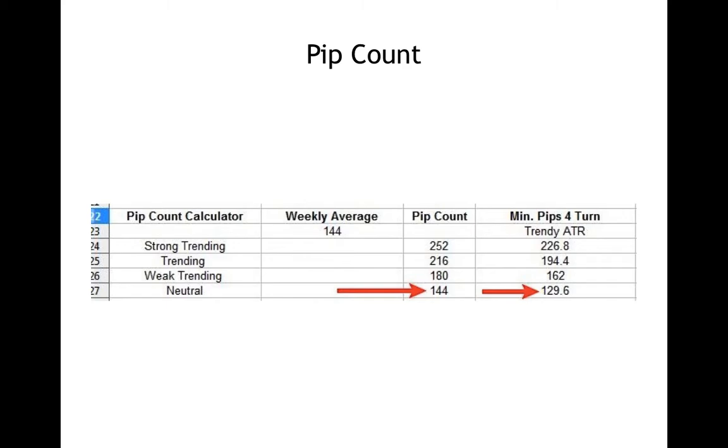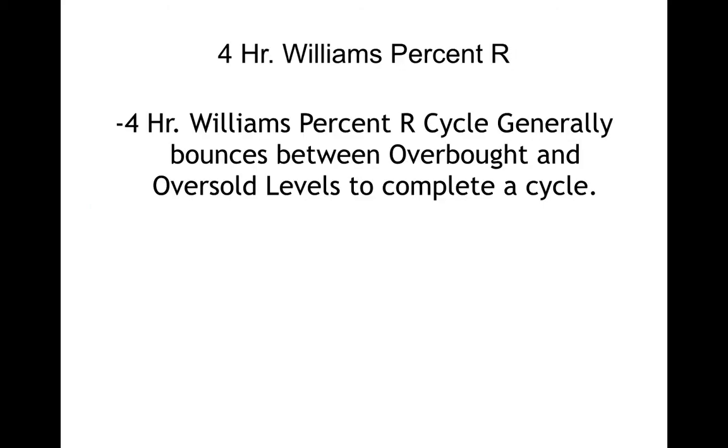Then we've got weak trending, we've got trending, and we've got strong trending. Those should be self-explanatory. In addition to the pip count and the daily market status, I'm also going to be using a 4-hour Williams percent R. The Williams percent R generally bounces between the overbought and the oversold levels to complete a cycle.